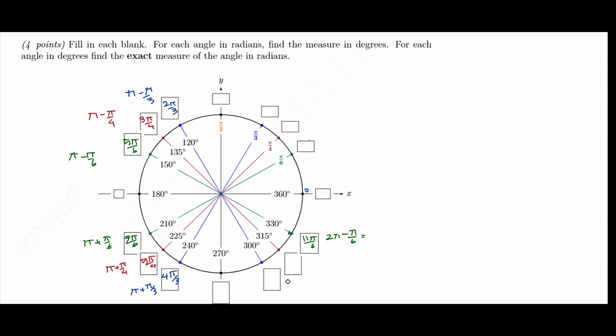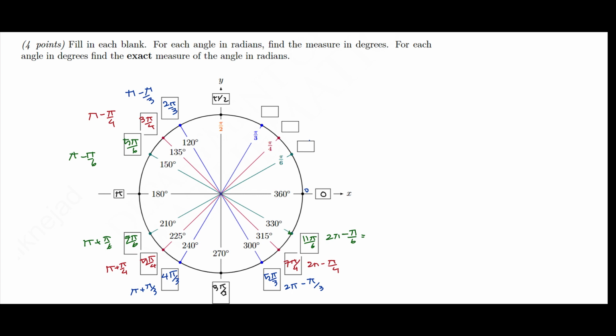Over here, I get 2 pi minus pi third, which is 5 pi third. And then over here, I get 2 pi minus pi fourth, 7 pi fourth. And what is remaining is, over here was 0, over there is pi half, and 3 pi half.